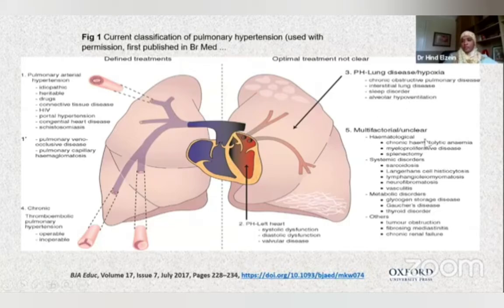And group 5 is multifactorial diseases and unclear causes of pulmonary hypertension. As we can see, we have hematological, some systemic disorders, including vasculitis, sarcoidosis, metabolic disorders, including thyroid disorder, and others like tumors and chronic renal failure.